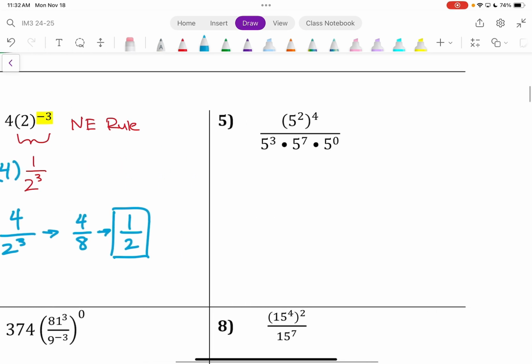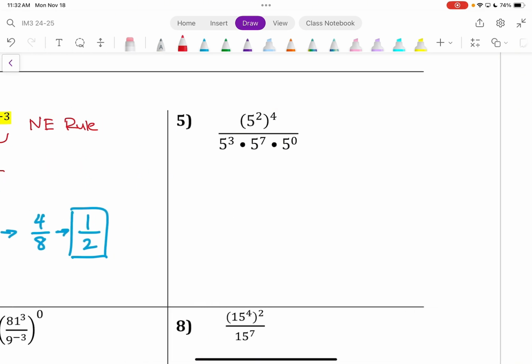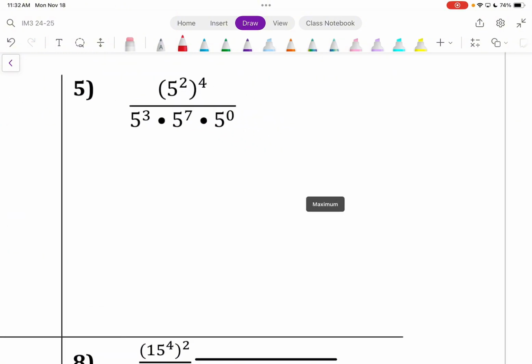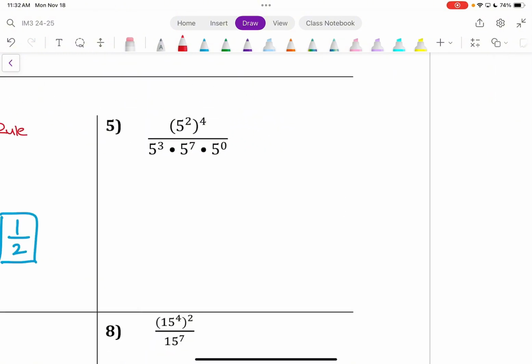Okay? All right. This one is a lot of steps, but we're going to focus on the numerator, then the denominator, or vice versa, one step at a time. If I choose to focus on the numerator, this right here, a power raised to another power, is going to be the power rule. Actually, I'm just going to write it out, because then you're going to get it confused with the product.